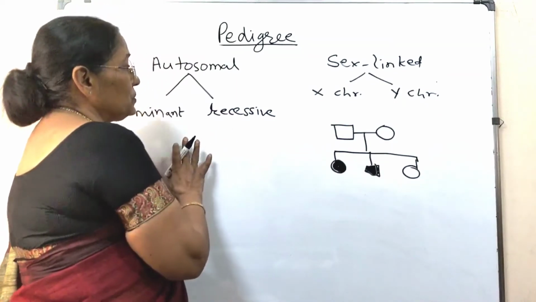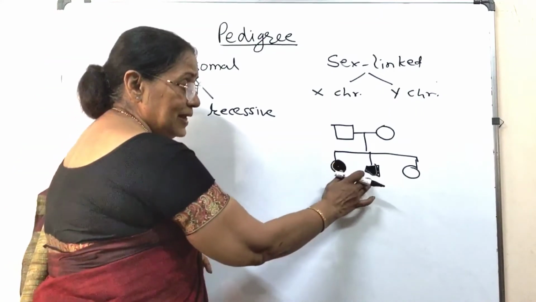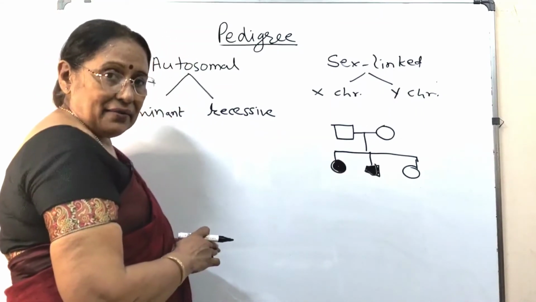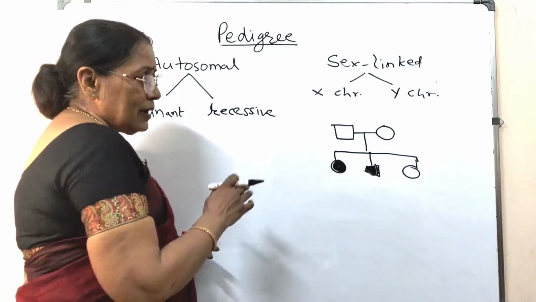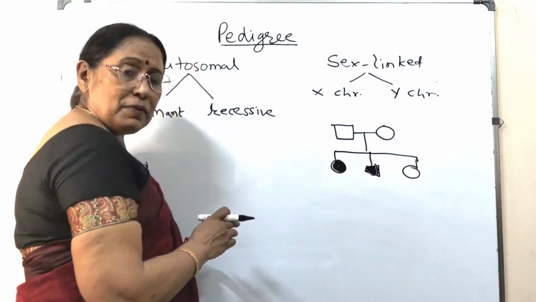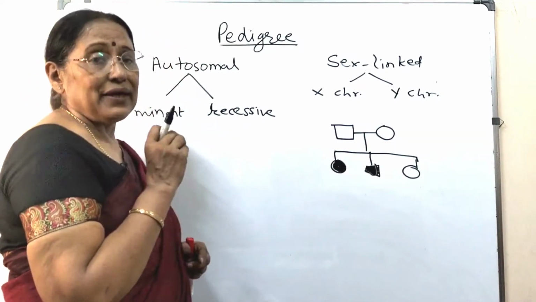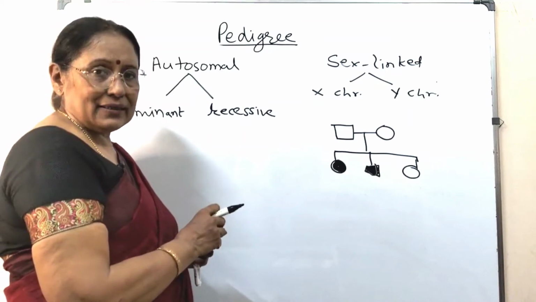In case of autosomal one, daughter as well as son get equally affected. Fine. The girl may also be affected in some very rare cases.